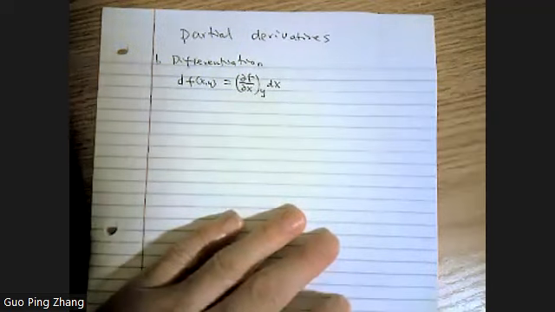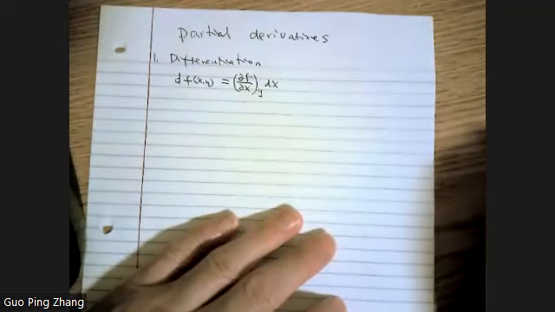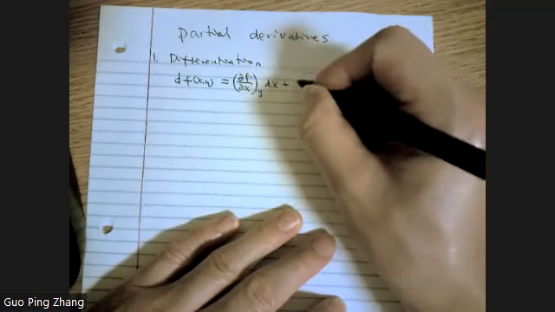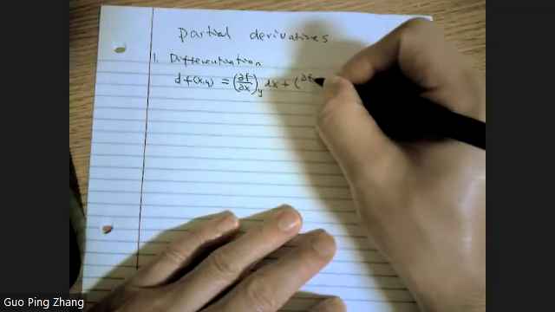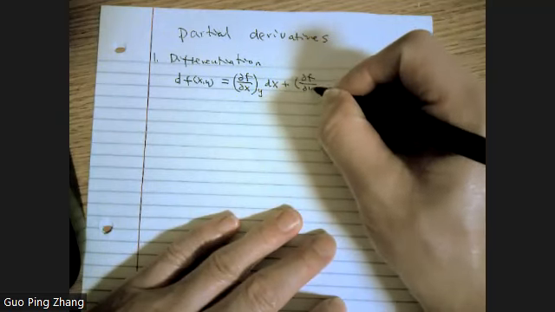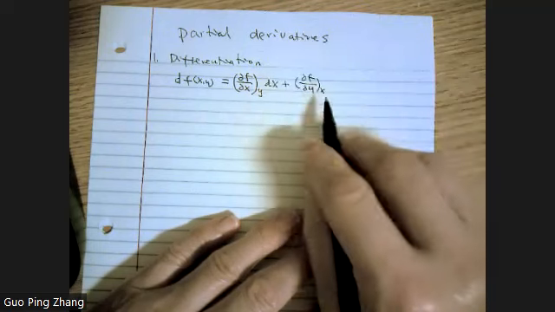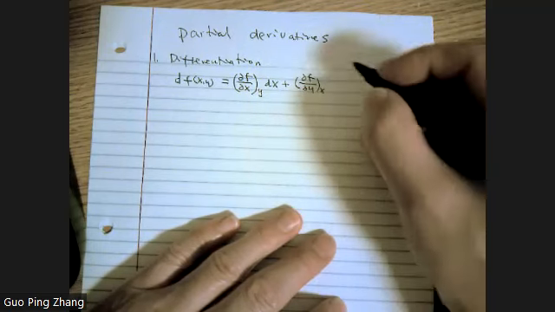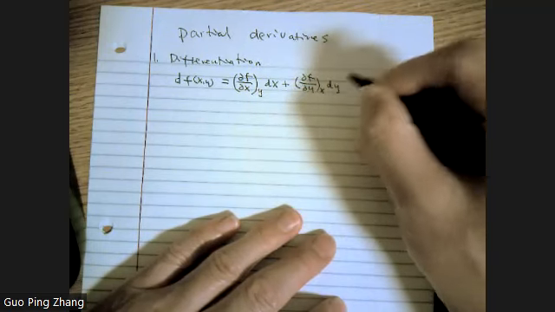Second one, what we need to do is compute the partial derivative of f with respect to y, holding x constant, and then multiply by dy.